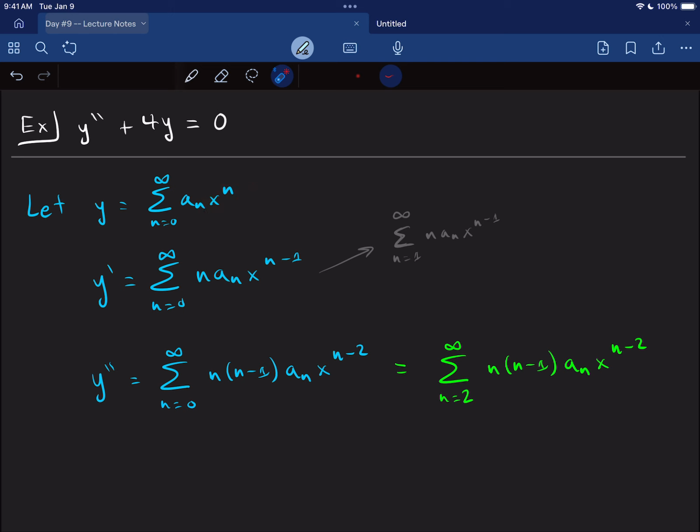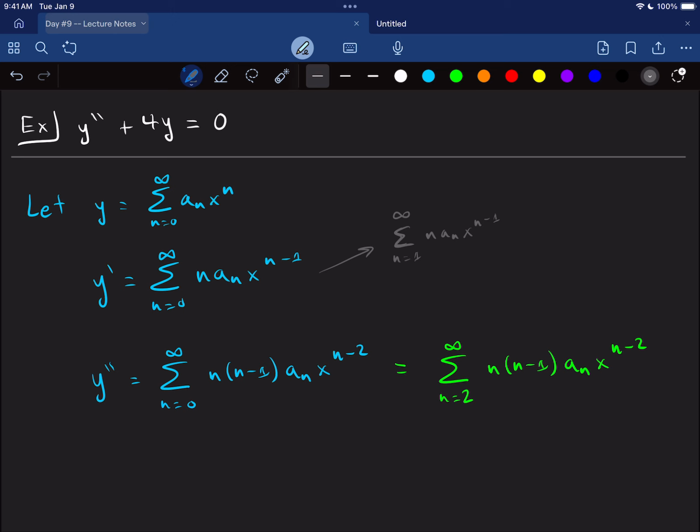My power series for y has two things to note. It starts at n equals 0, and it has an x to the n in it. While my power series for y double prime starts at n equals 2 and has an x to the n minus 2. My point being, this n equals 0 does not match this n equals 2, and this x to the n does not match this x to the n minus 2. So we should remedy that.